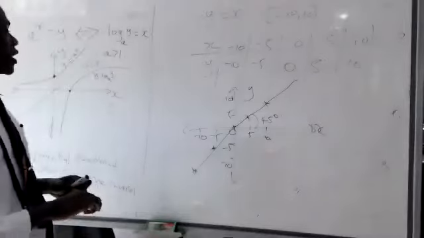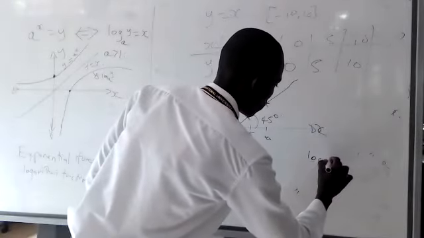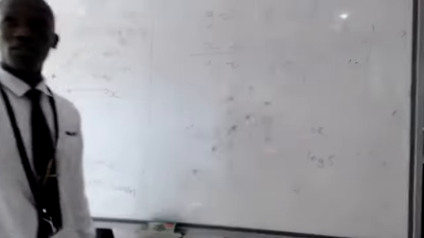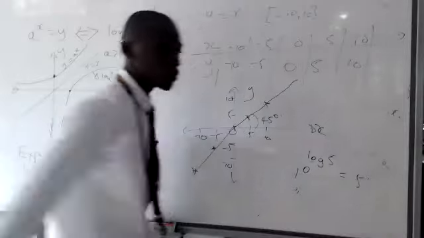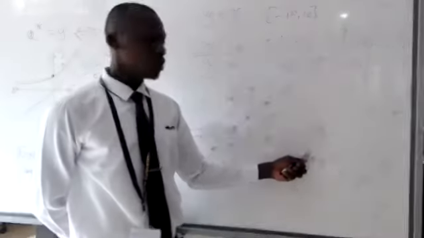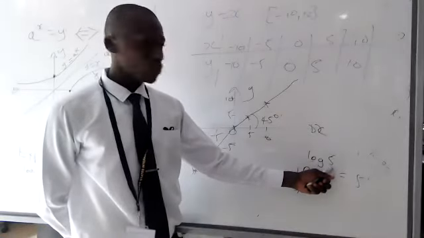That's why in the example that I gave you, if you compute log of 5 to base 10, and then take 10 and raise to this, you get back 5. So you started with 5, found its logarithm to base 10, raised 10 to it, and you get back what you started with, 5.